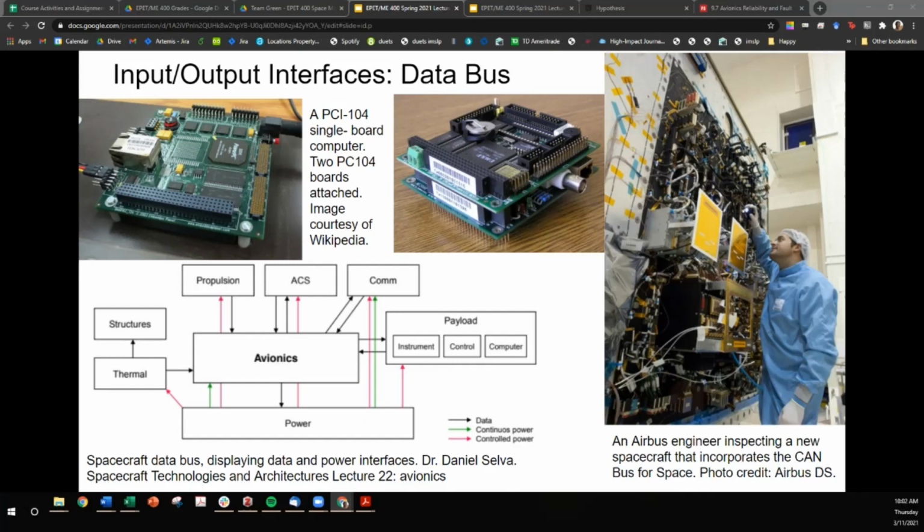So the data bus is the main pipeline for this data to transfer between. On these boards, these PCI 104 single board computers, the data bus is this large header of pins.